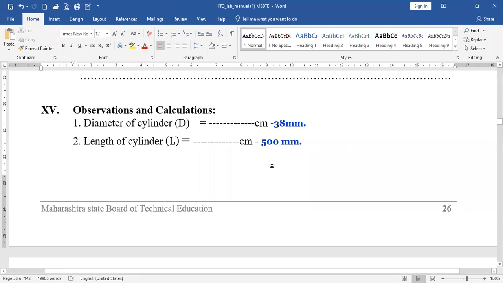So in this experiment, after reaching the steady state temperature, we must write the observations and we have to calculate the heat transfer coefficient. Now for this experimental setup, the diameter of cylinder is 38 mm, the length of cylinder is 500 mm.